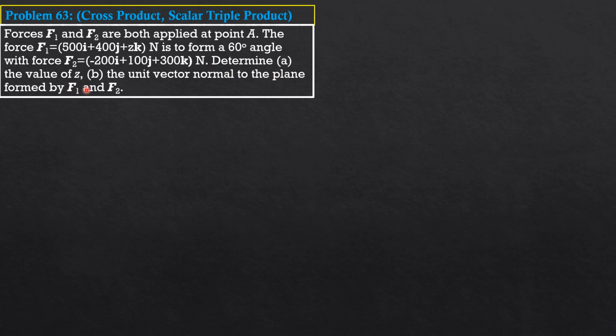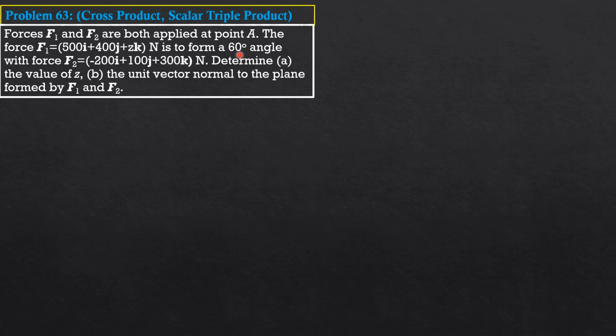So determine the value of Z, and the unit vector normal to the plane formed by F1 and F2. So that unit vector is obtained after we cross F1 and F2, then divide it by the magnitude of that resulting vector. So first, the angle formed between the two vectors is 60.